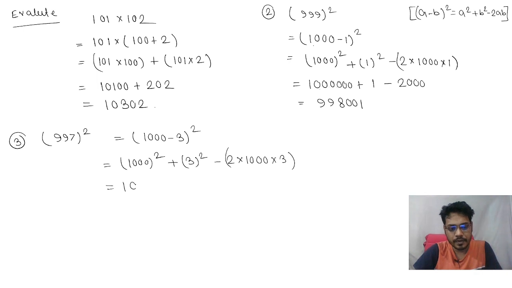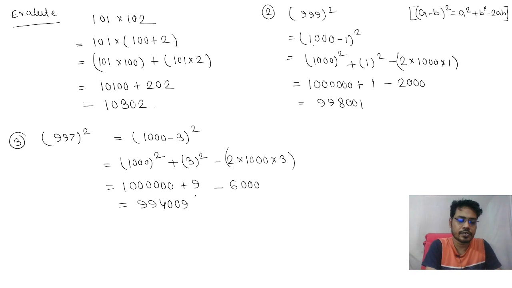So it will be 10 lakh plus 9 minus 6000. That will be 994009. That will be the required answer of this question.